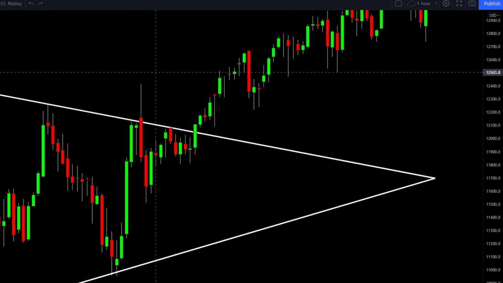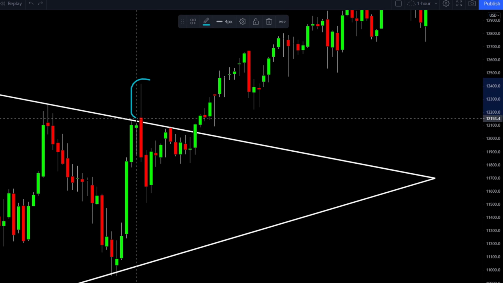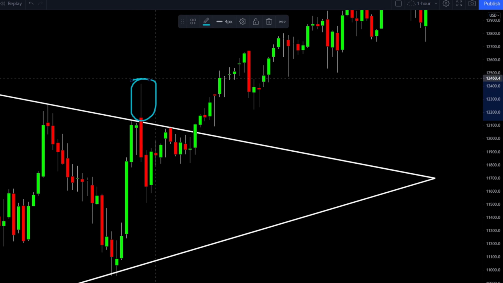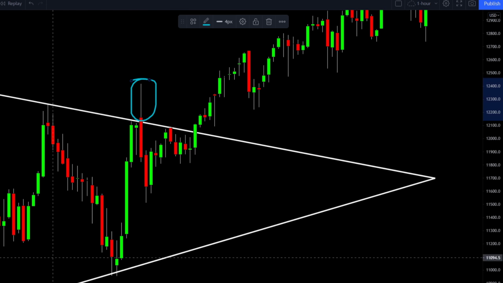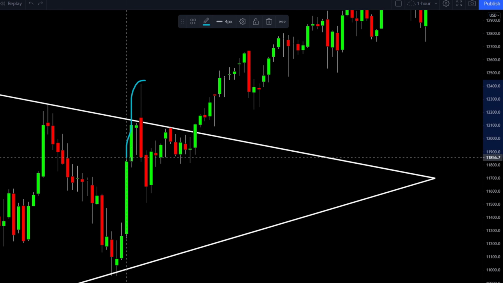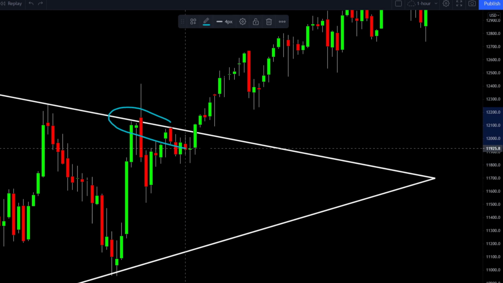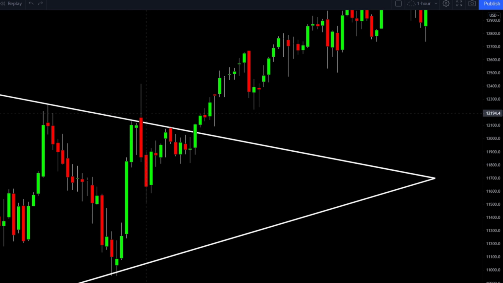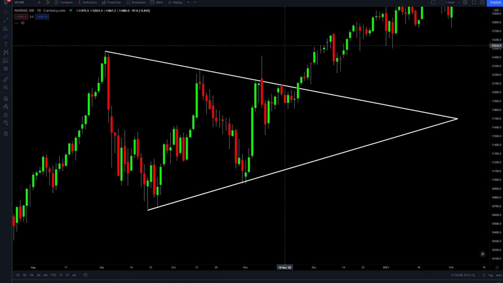What you may notice here is that you had a pretty strong movement above the triangle. But what is important to note is that this day never managed to close above the downsloping white line. So it is very common that you wait for the candle close before you enter, if you are entering at a breakout.